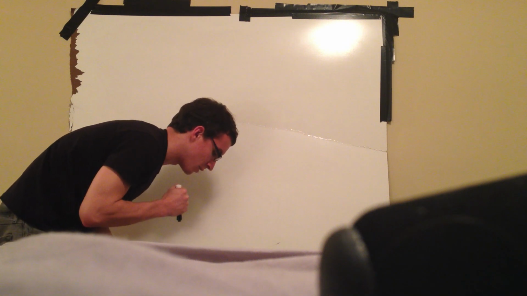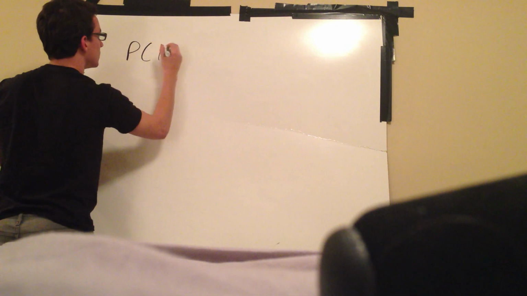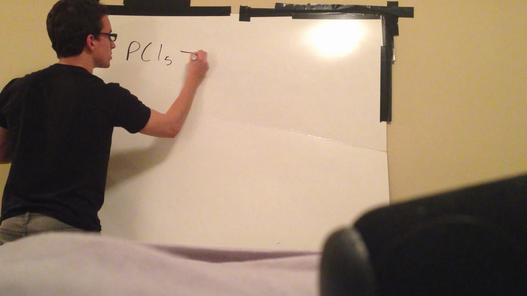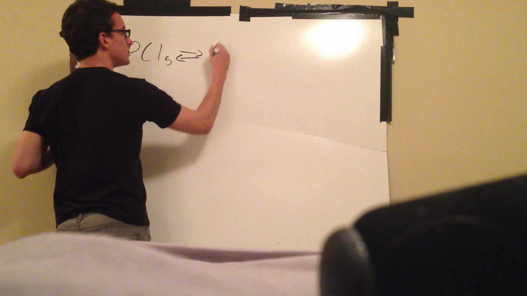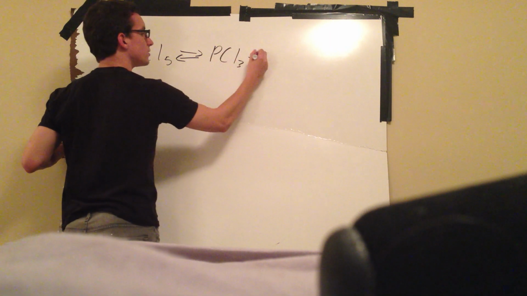You mix 0.1 moles of PCl5 with 0.05 moles of PCl3 and 0.05 moles of Cl2 in a 1 liter container. Alright, so after reading that, we're also given the equation: PCl5, reversible reaction, is PCl3 and then Cl2, I believe.